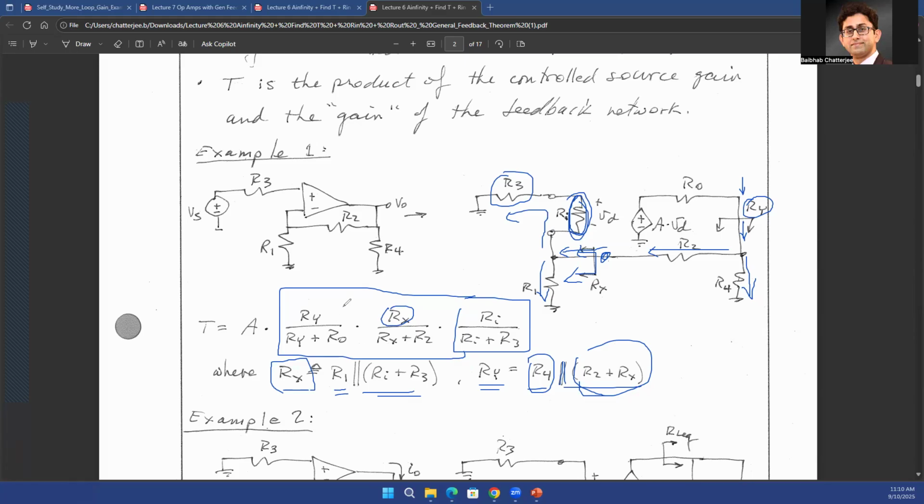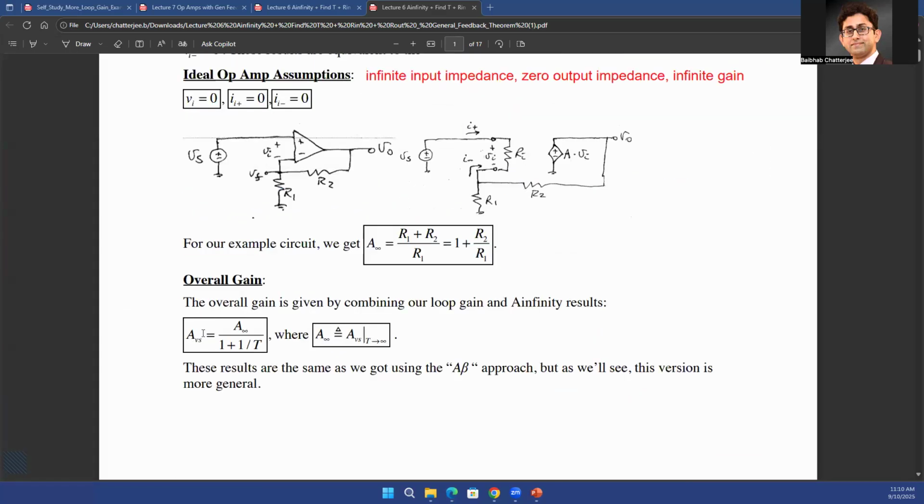So now you know what beta is as a function of Rx and Ry. You also found out Rx and Ry as a function of R1, R2, R3, R4, all these resistances, right? So you have the entire solution here. So you can find out what T is, that is A times beta. And if you go back to the previous page, where you wanted to find out the overall gain of the system, if this is a non-ideal op amp, that's going to be the gain of the system.